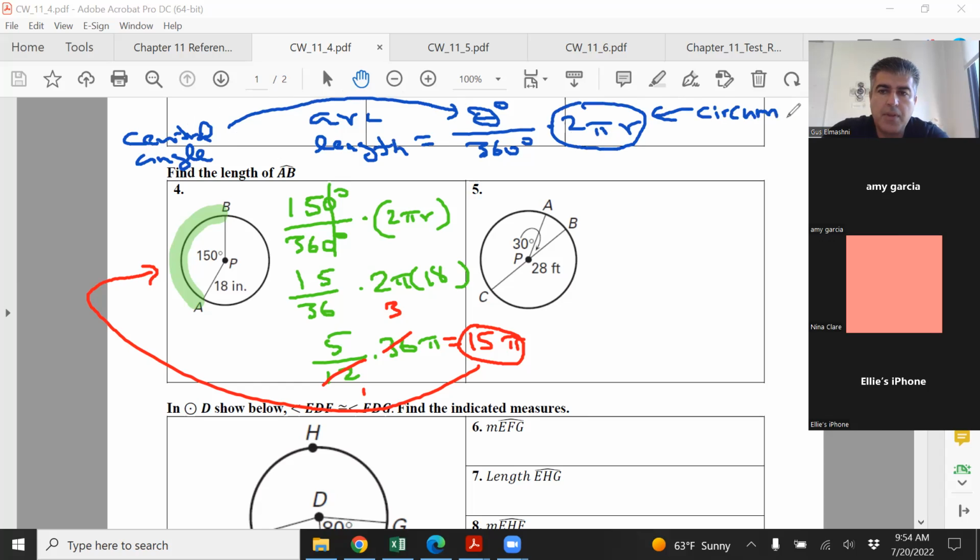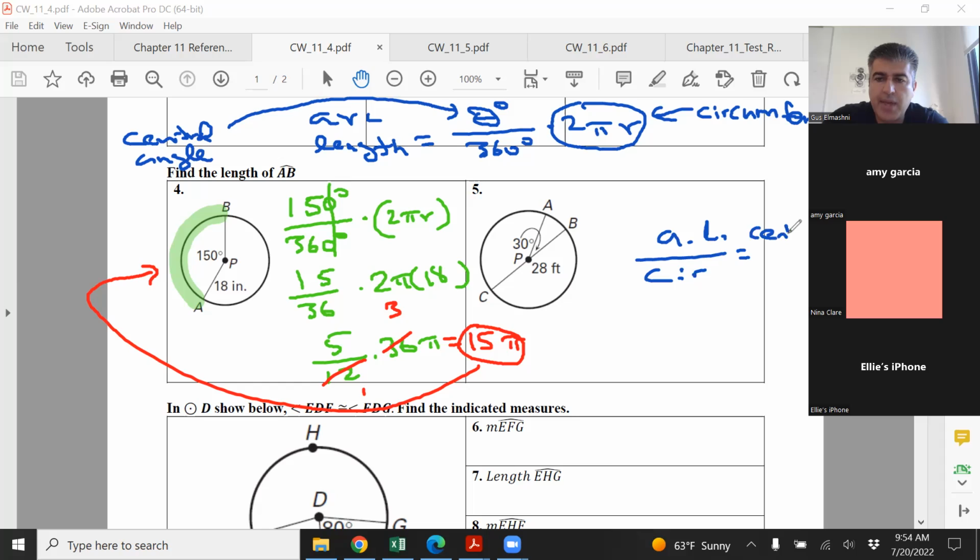So this is purely proportional reasoning, because if you take your arc length and divide by the circumference, it's going to be the same thing as the central angle divided by 360 degrees, right? For example, 15 pi is my arc length, my circumference is 36 pi, my central angle is 150, 360 is a whole circle.